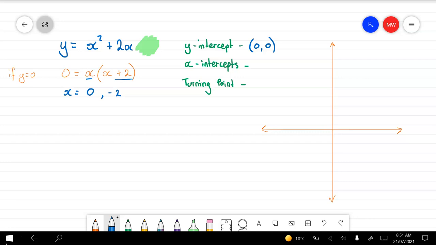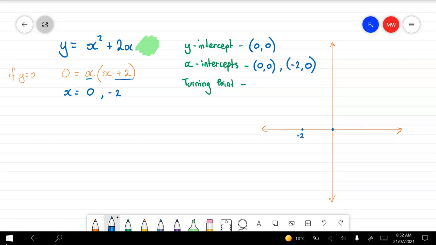That means my x-intercepts happen where x is 0, y is 0, same as the y-intercept above. And when x is minus 2, y is 0. So I've got my 2 points and I can start plotting these on. This is both my y-intercept and my x-intercept, and my other x-intercept occurs over here at minus 2.